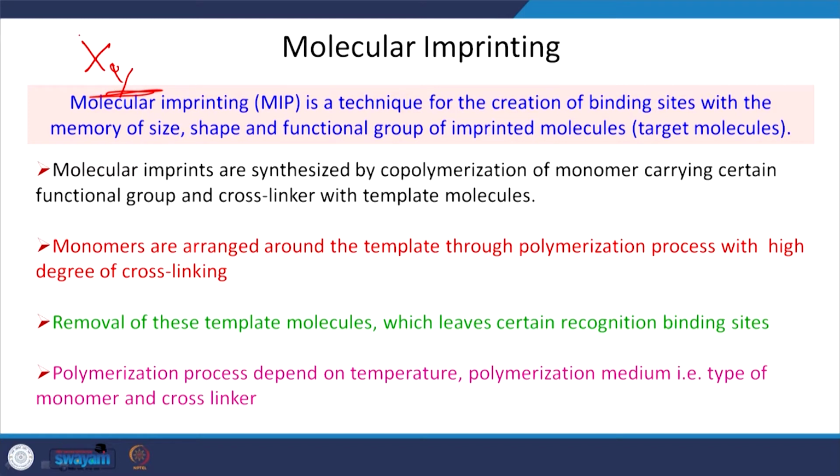All the bindings which I have talked about so far were based on functional groups, they have no memory of size or shape. So, any molecule having a similar kind of functional group could come and bind here. But this technique creates binding sites which have the memory not only of the functional group, but also the shape and size of the molecule.